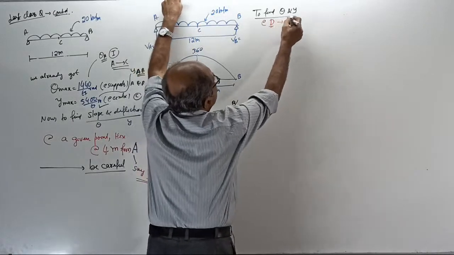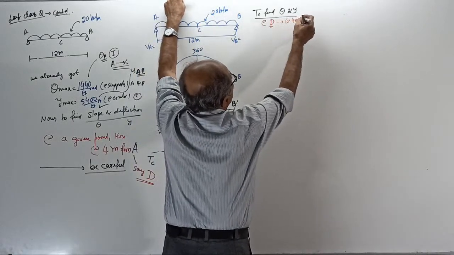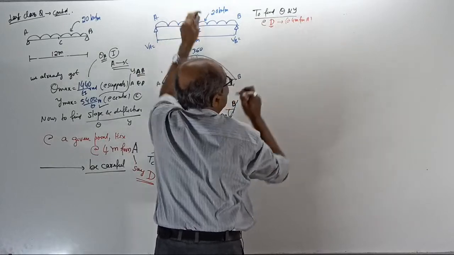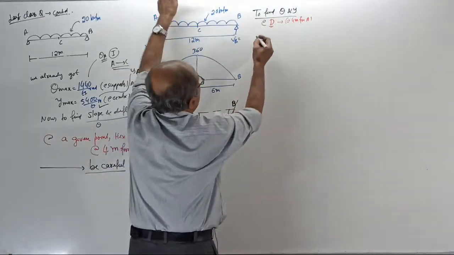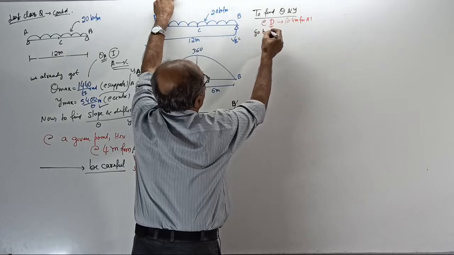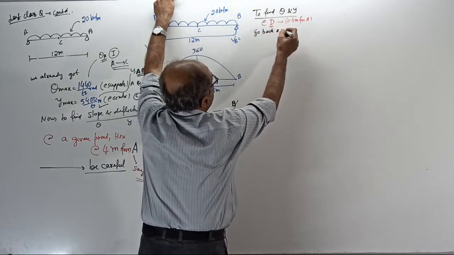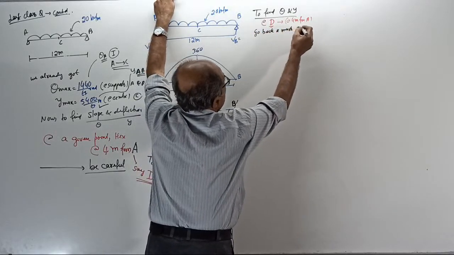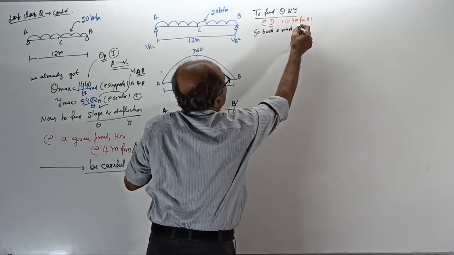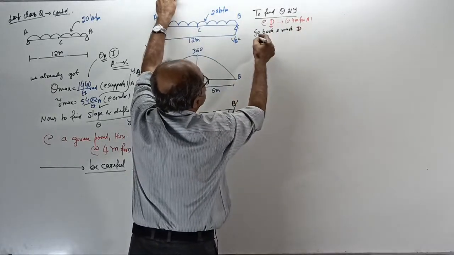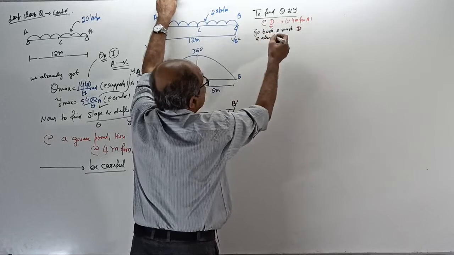D is at 4 meters from A. Be careful. Go back and mark D wherever you require D.